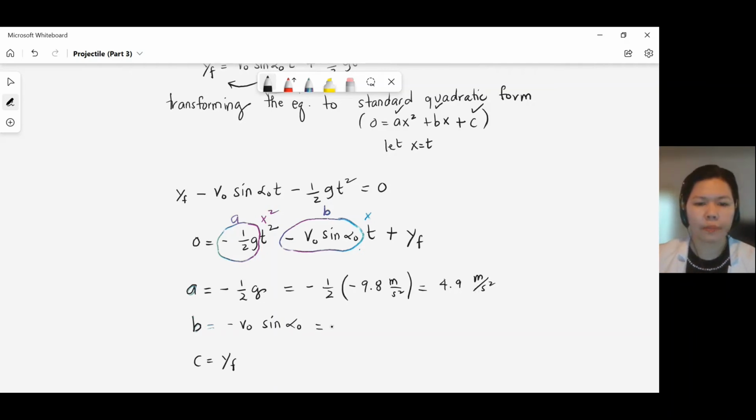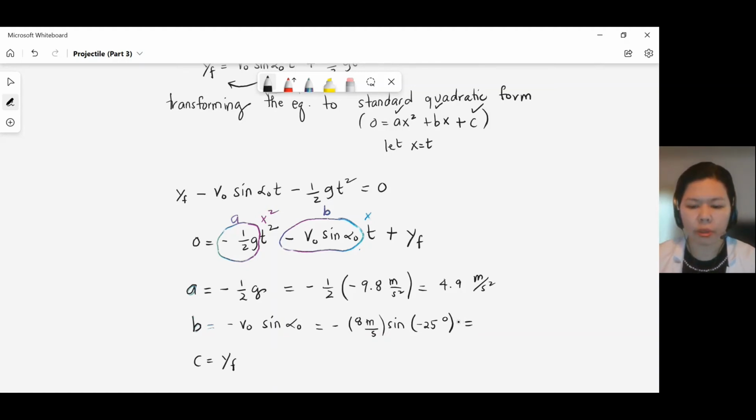For b, that's negative v naught, which is 8 meters per second, times sine alpha naught, negative 25 degrees below the horizontal.